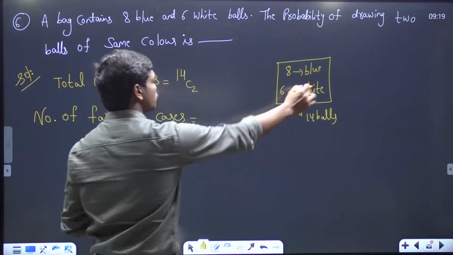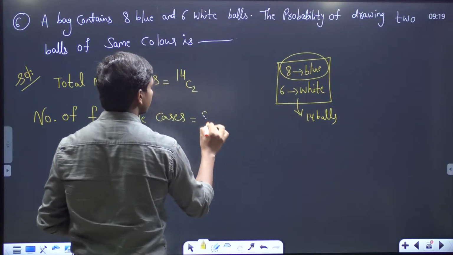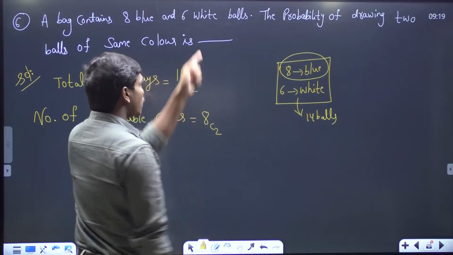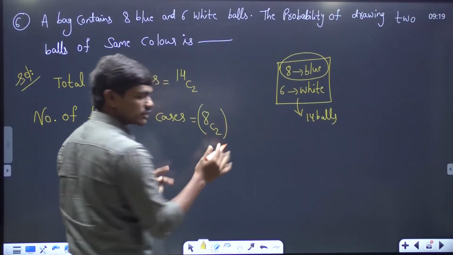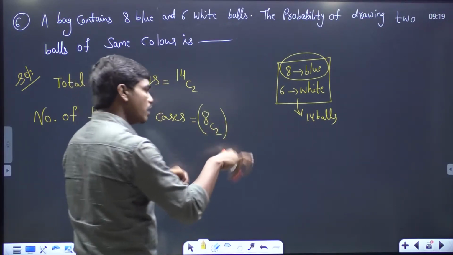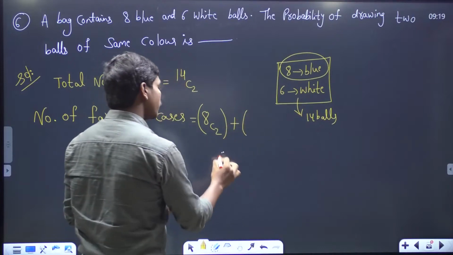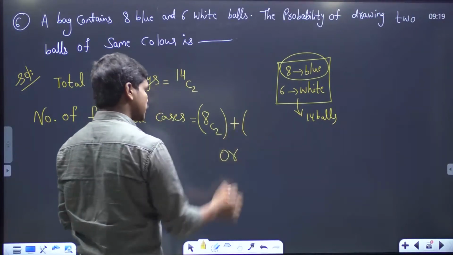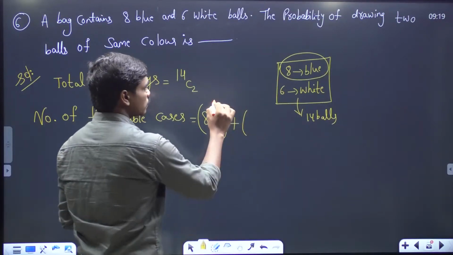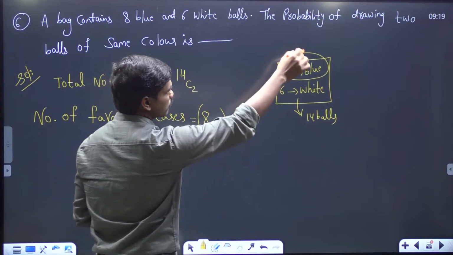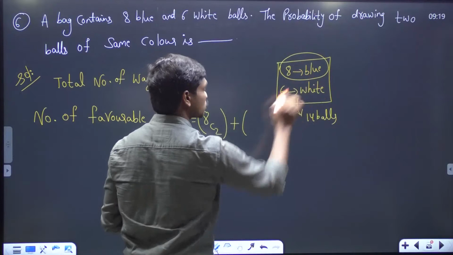So the number of ways of choosing 2 blue balls is 8C2. The event is finished once the 2 balls are selected. This is one possibility, or there is one more. When I say "or", I put a plus sign because this is an alternative possibility. So drawing 2 balls of the same color can happen in 2 ways: when you select either 2 blue balls or 2 white balls.